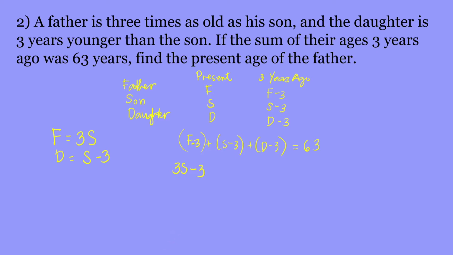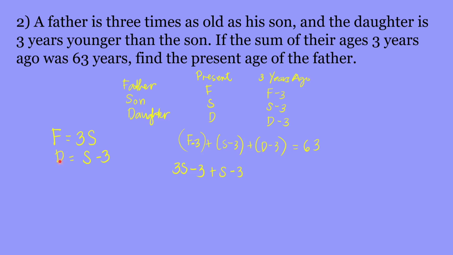Now, with S minus 3 here, we can just rewrite this one: plus S and then minus 3. So that's the second parenthesis. Now, with this letter D, D minus 3, there's an equivalent of D here. Alright?